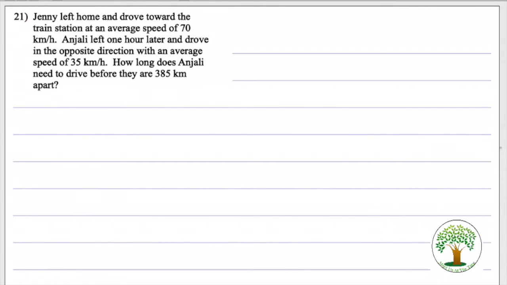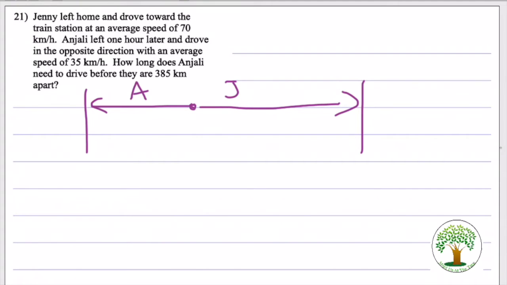I, personally, since I like to draw, I'm going to say this is Jenny. And this one is Anali. I don't know if the distances are equal now. How long does Anali need to drive before they are 385 kilometers apart? So this is what I do.